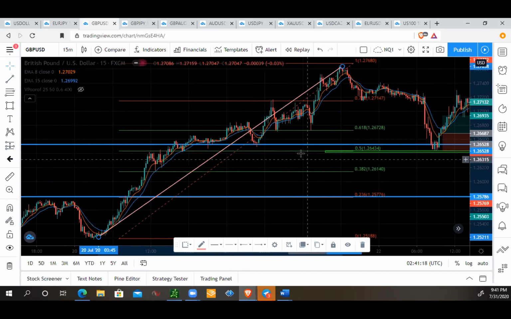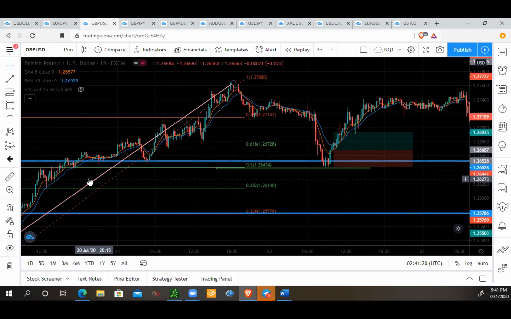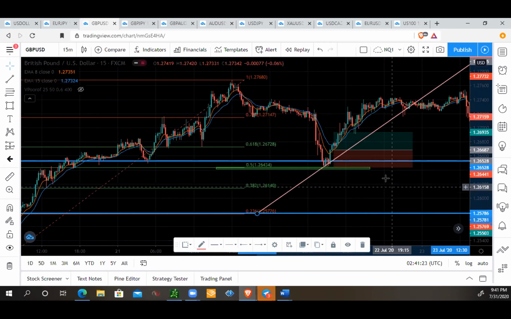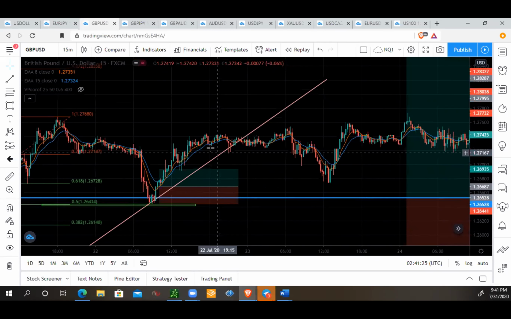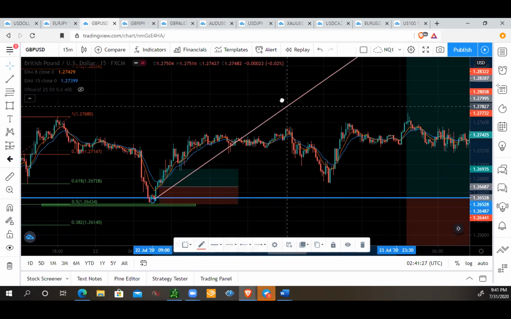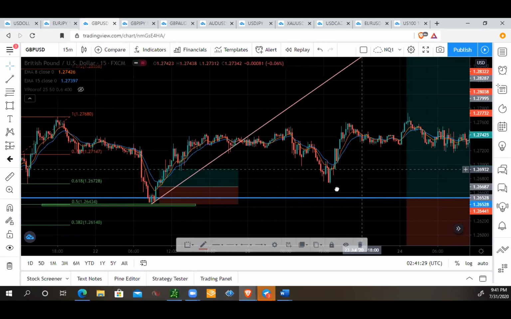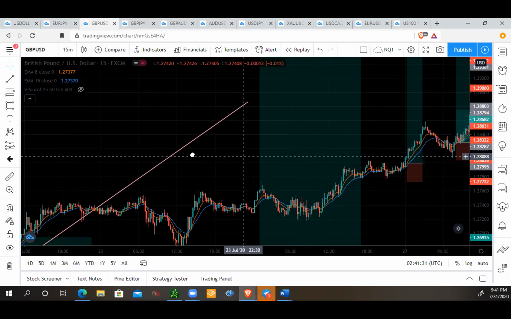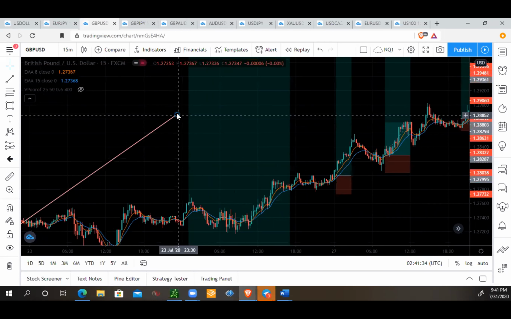I like that. Because when that market comes down 50%, go down on a smaller time frame to get in, and then you got your stop loss right there.